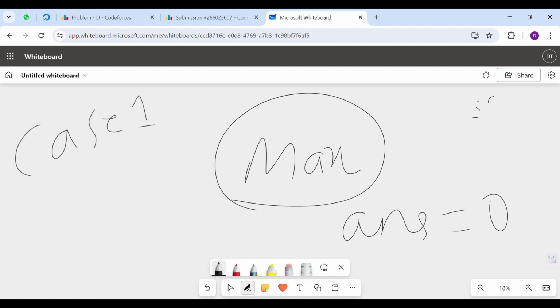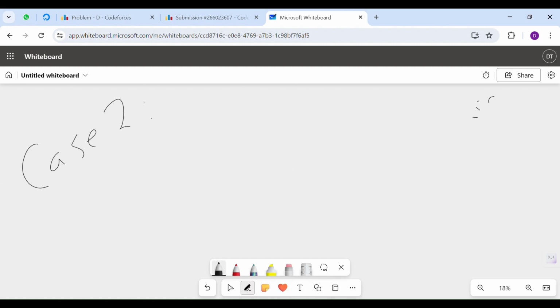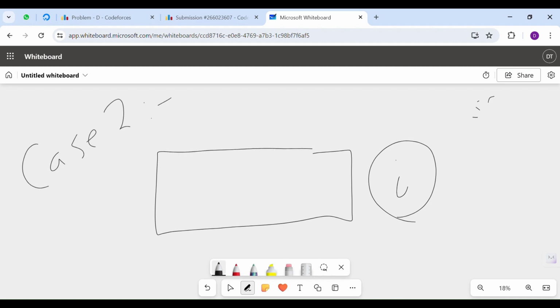Now, if the value is not maximum, then what do we need to do? Then, for case 2, first of all, let's see we are calculating for this politician. And there are some people to the right of it, some to the left of it.